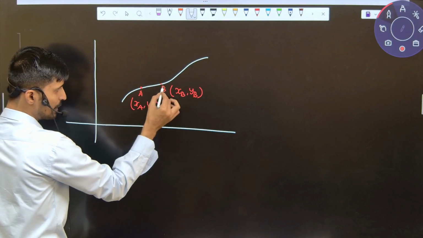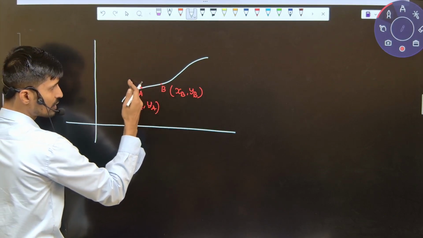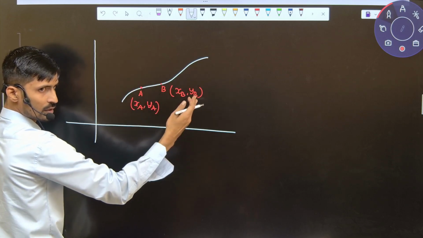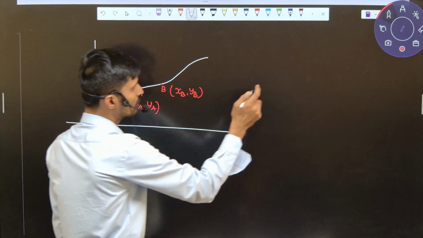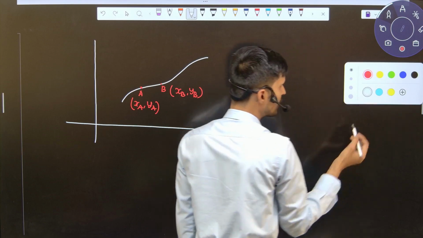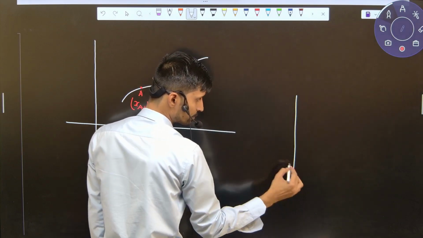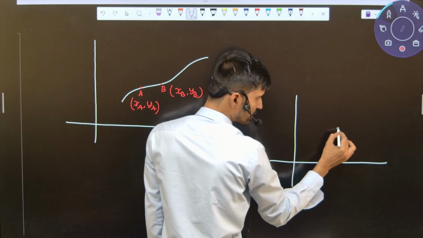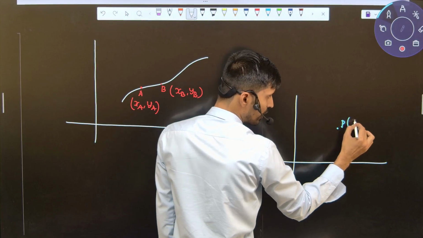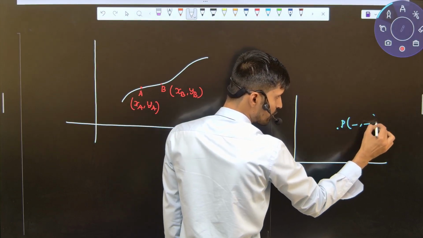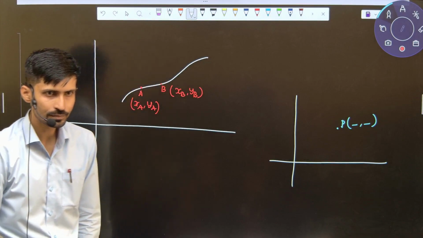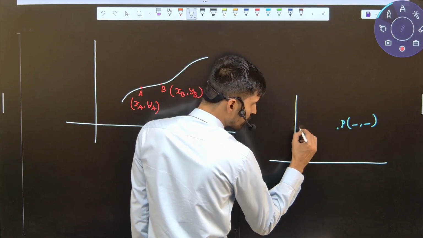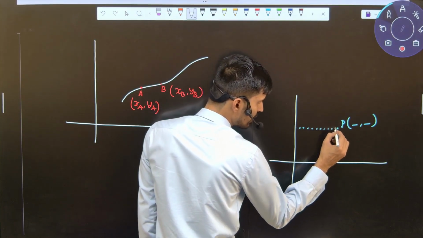Now, you'll see the B point is on the left hand side of A. If you remember, this concept is from coordinate geometry. Suppose some point is there. What is the meaning of x coordinate and what is the meaning of y coordinate? The x coordinate means the distance of that point from the y axis.